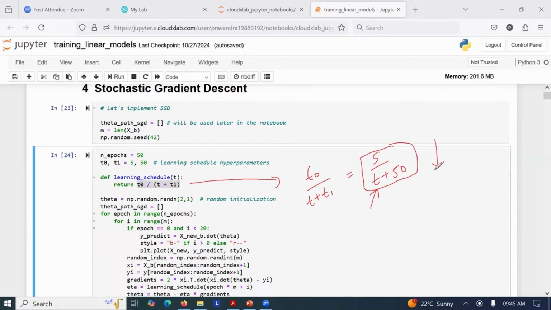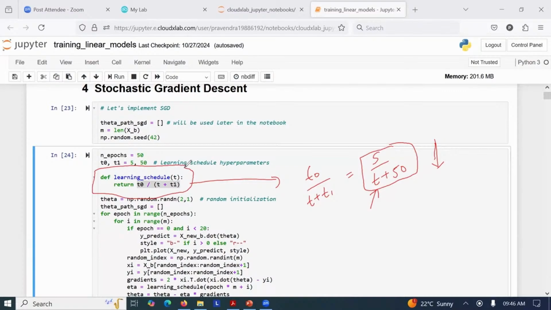Which means for a high value of t, this quantity will be smaller. That's exactly what we want, right? If the number of iterations is large, then the learning rate has to be small. So this scheduler we can take. This is one example of a scheduler.